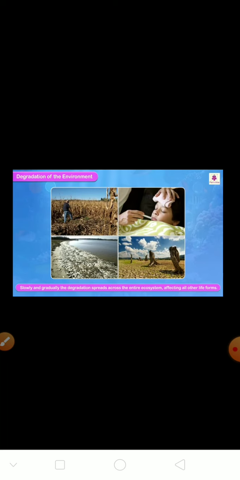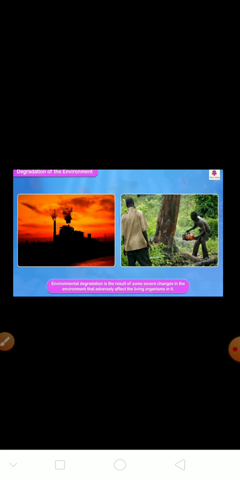It all affects other life also. So when the environment degrades, again we are facing a lot of problems. Environmental degradation is the result of some severe changes in the environment that adversely affect the living organisms in it.